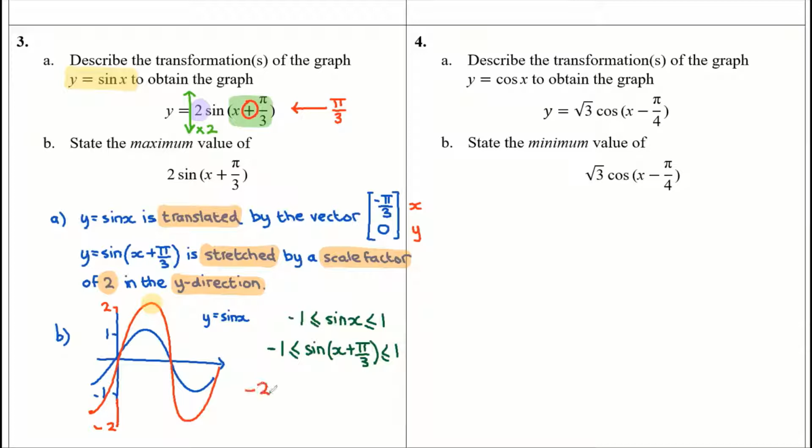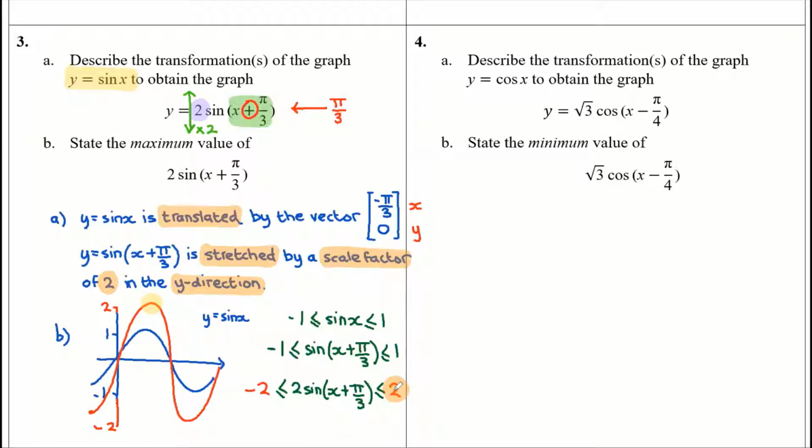So it's going to now be bounded between -2 and 2, just by multiplying everything by 2. All right. So there are different paths you can take to get to the same conclusion, which is that the maximum value is, of course, going to be 2. I hope that's okay.